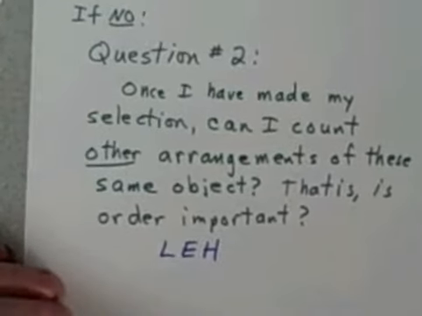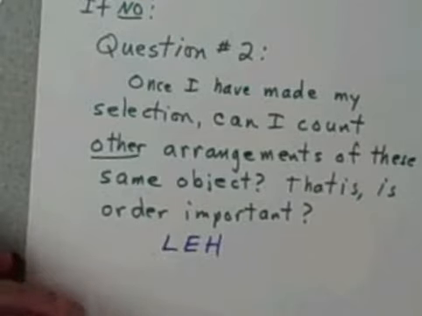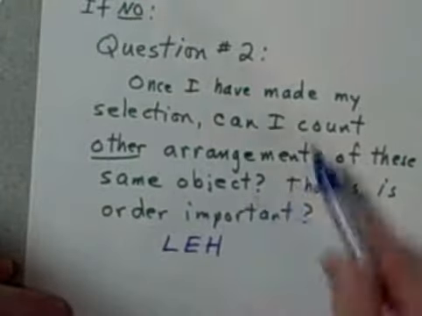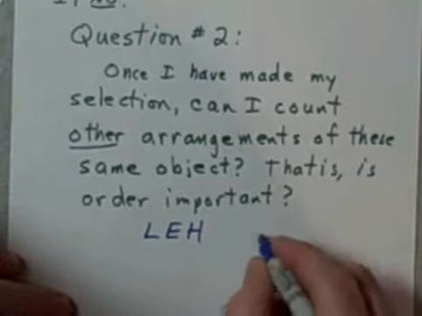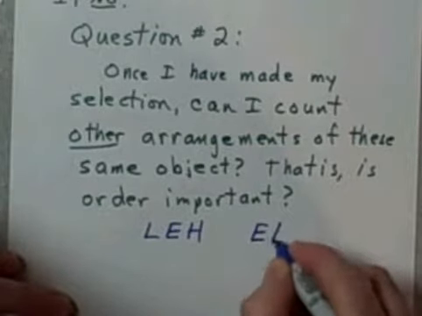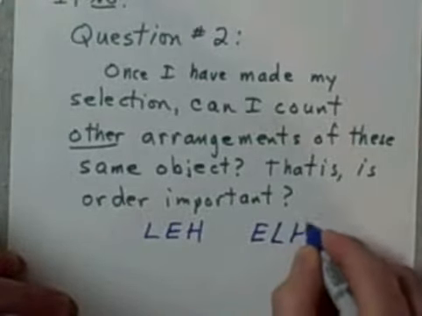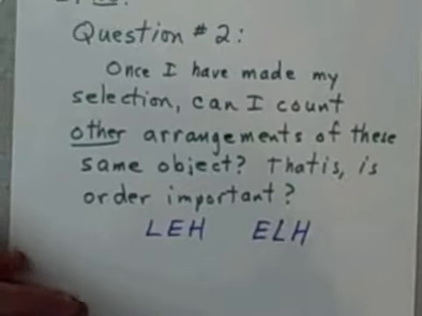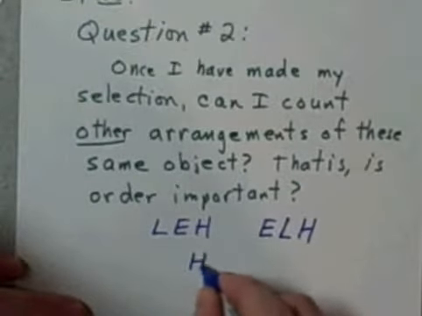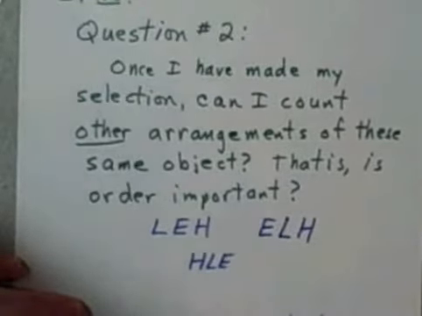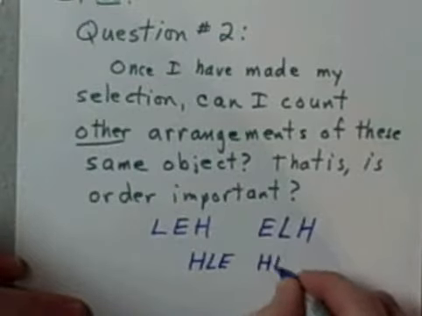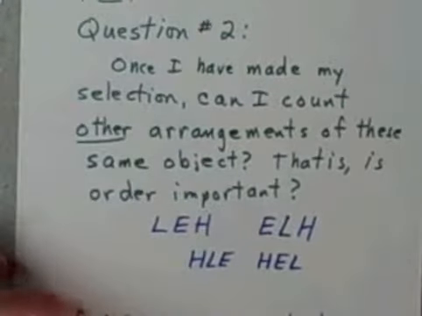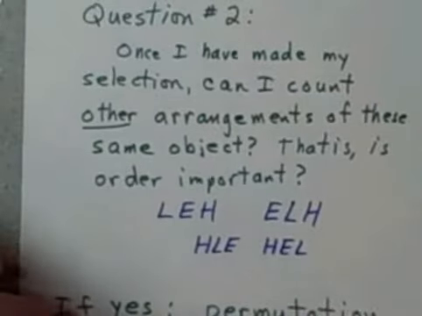Well, there's one arrangement of those letters, and the question this is asking here is, if I rearrange these as E-L-H, are we allowed to count this one too, or not? And if we are allowed to count this one, then that means I'm also allowed to count this arrangement, and I'm also allowed to count this arrangement, and there are several more arrangements I could come up with that I would have to count.